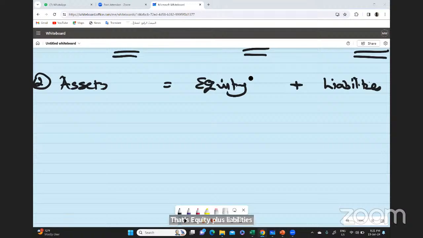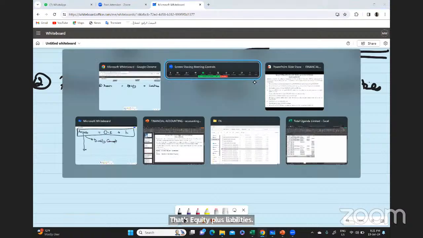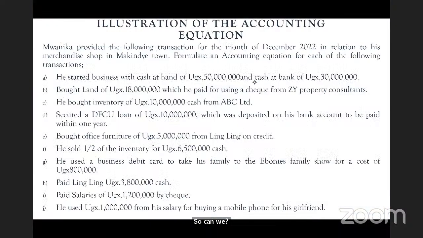Can we try to read it? The second one says he bought land of 18 million, which he paid for using a check from ZY Property Consultants. So the land was bought from ZY Property Consultants, and we paid 18 million using a check.